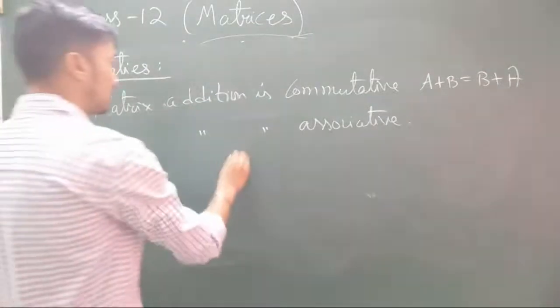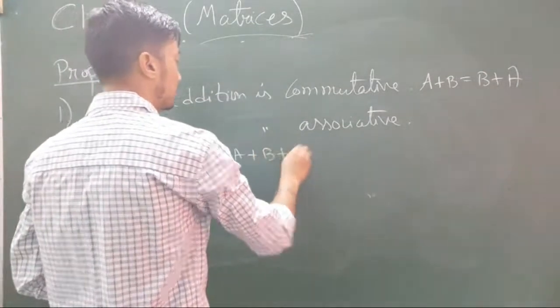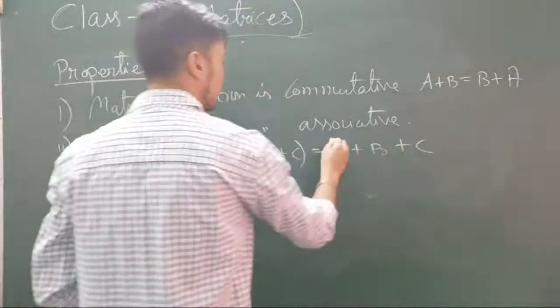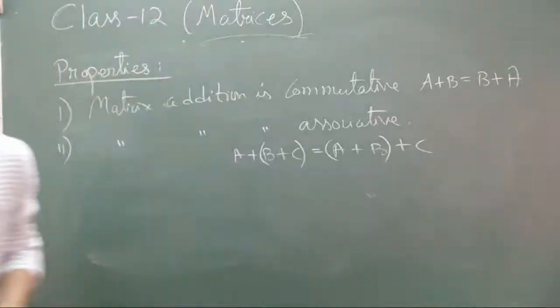Associative, of course, that is like (A plus B) plus C is equal to A plus (B plus C). Something like this. Associative property.